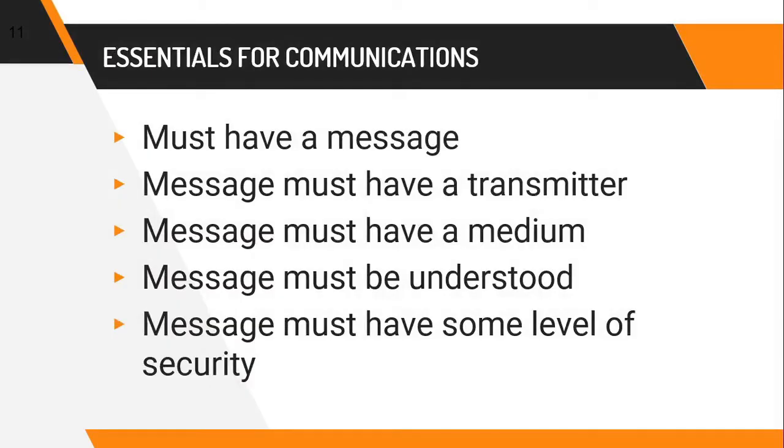Essentials for communications. It must have a message. The message must have a transmitter. The message must have a medium. The message must be understood. And the message must have some level of security. Message refers to information or data to be communicated.